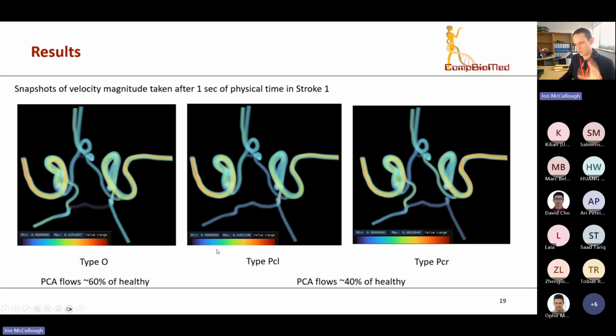So straight away, with no other differences being accounted for, people that present with these types of vascular geometries have a significantly higher risk of disability or death following a stroke, just by how the change in blood flow distribution occurs due to the anatomical construction of the vessels in their brain.